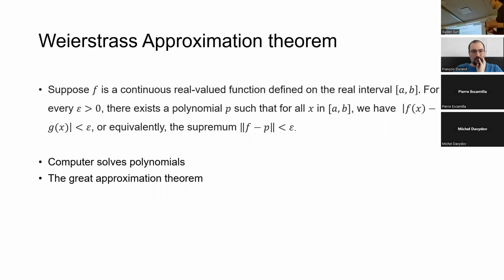It says that given an arbitrary continuous real valued function defined on a real interval, you can approximate this function to arbitrary accuracy using a polynomial. And then the computer can solve polynomials very, very efficiently, like a first year high school student. And with this approximation theorem, you can do it.